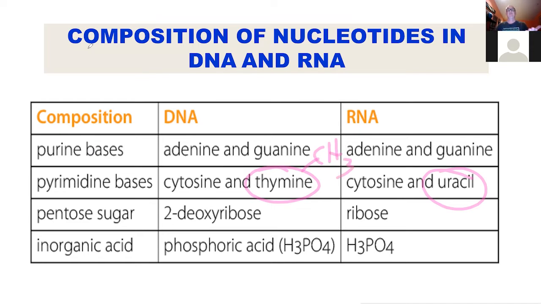But uracil hydrogen bonds in exactly the same way, in exactly the same space that thymine does, because we know that methyl groups can't hydrogen bond, and they don't interfere with the hydrogen bonding either. So everything is the same between DNA and RNA, except for the deoxyribose in DNA and the presence of thymine instead of uracil. Everything else is exactly the same.